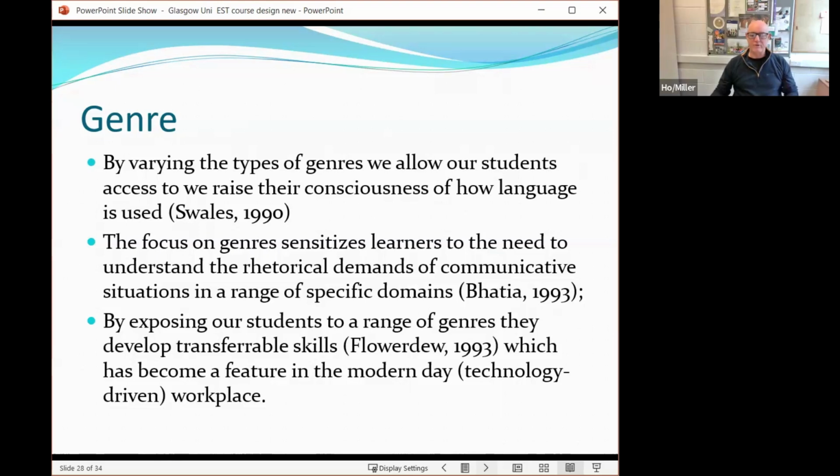We've got various writers like Bhatia and Flowerdew who've brought to our attention this idea that by making students aware of different genres, we're giving them the ability to transfer these skills into other areas as well. So it's not just for the language classroom that we're doing this. These can be transferred over into the disciplinary classrooms or into their daily lives or into their working lives as well.